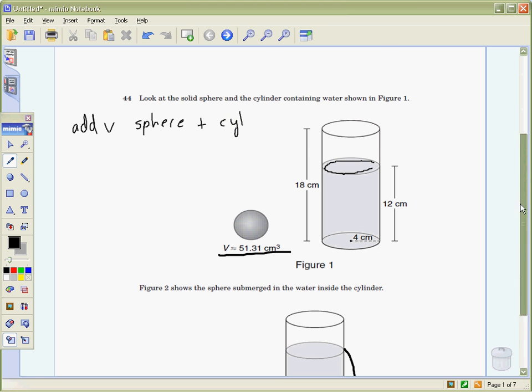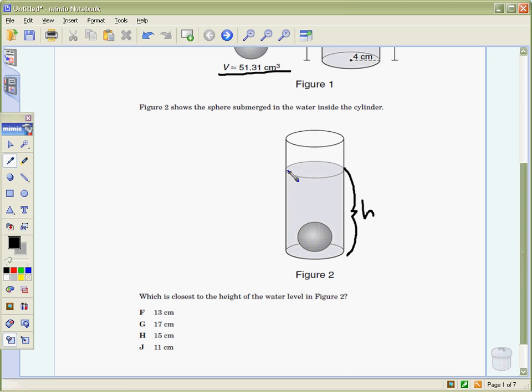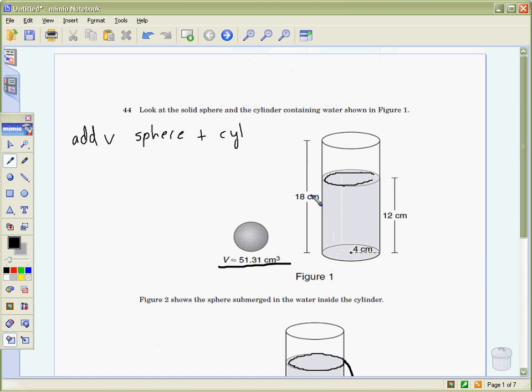Once we have that, we'll have this total volume here to the top of the water with the sphere inside. And then once we have the total volume here, we can use our volume formula to solve for the missing height h.